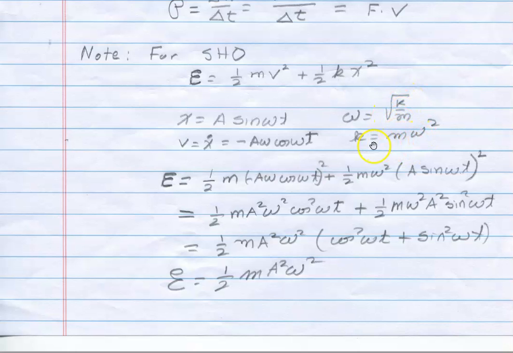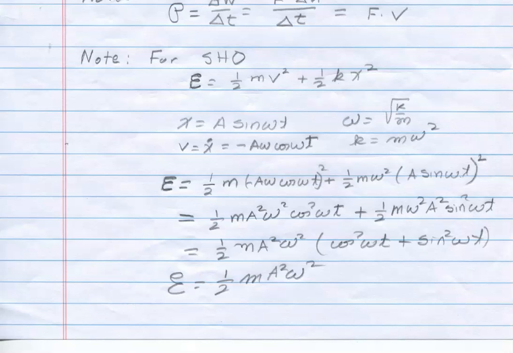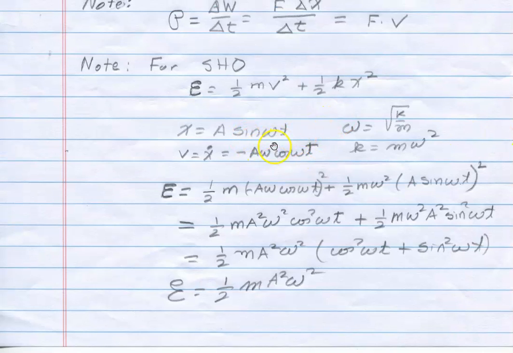And then oftentimes we can solve this for k in terms of m and omega squared. It's just a constant. But if I plug these expressions in up here, I get 1/2 m times the velocity squared plus 1/2 m omega squared, that's just k, times the position squared.